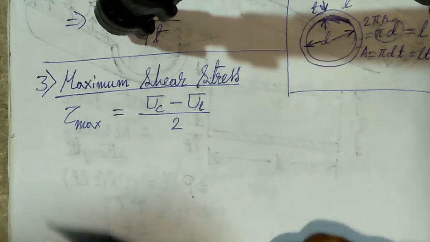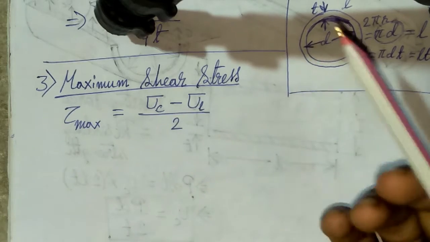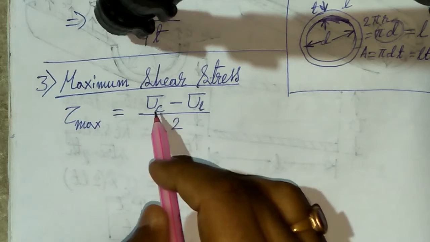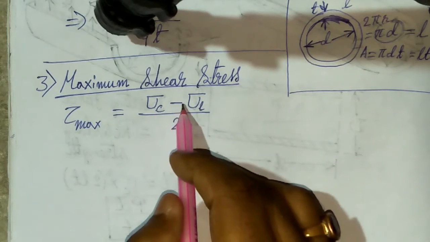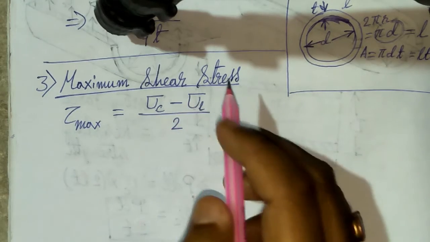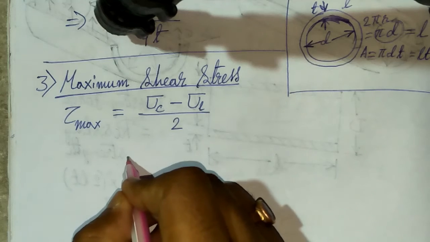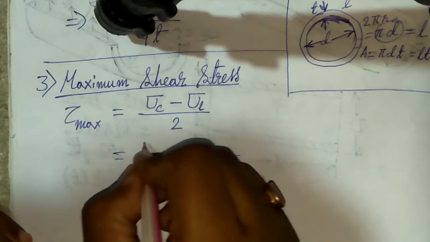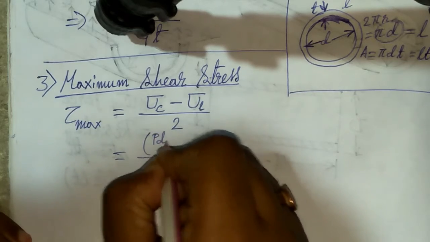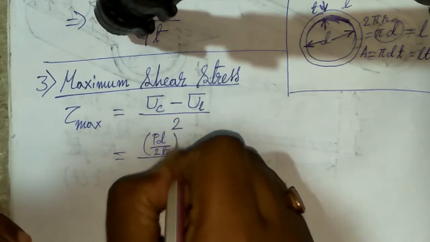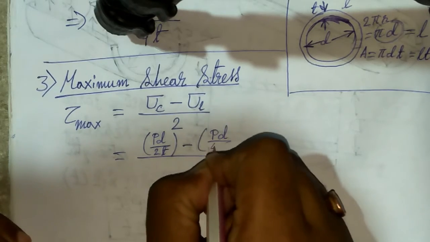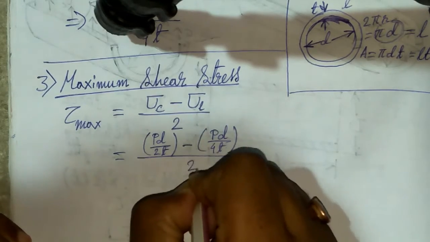So the maximum shear stress is found, that is tau max is equal to (sigma c minus sigma L) by 2. So the value becomes, sigma c is p d by 2t minus p d by 4t, divided by 2.